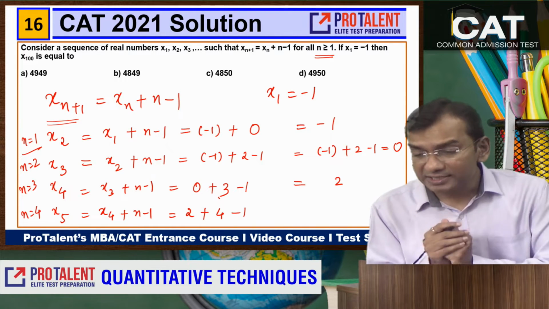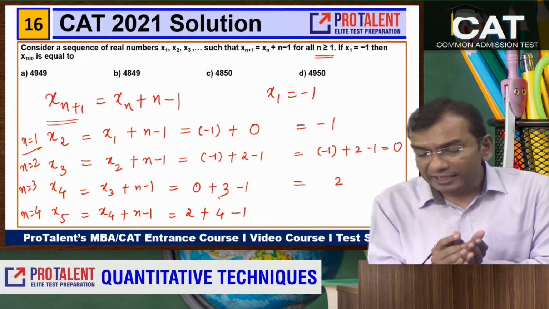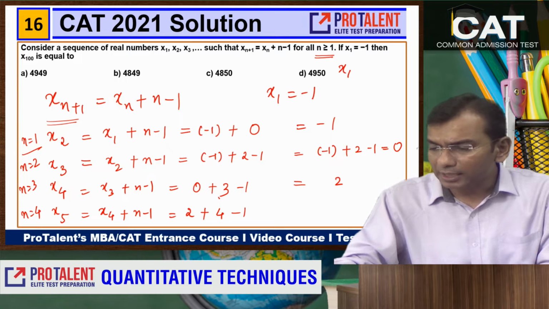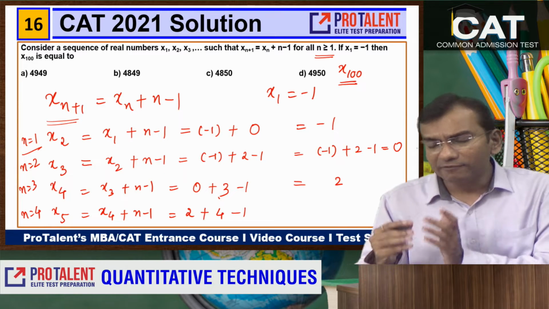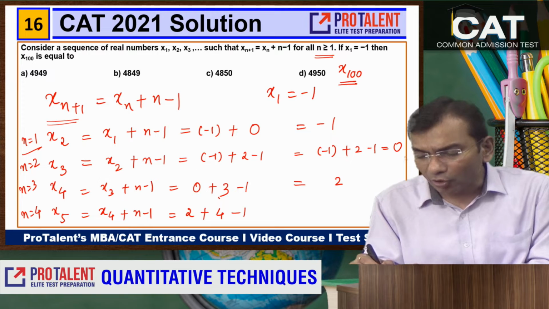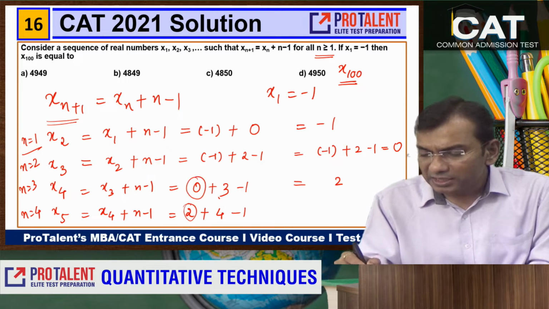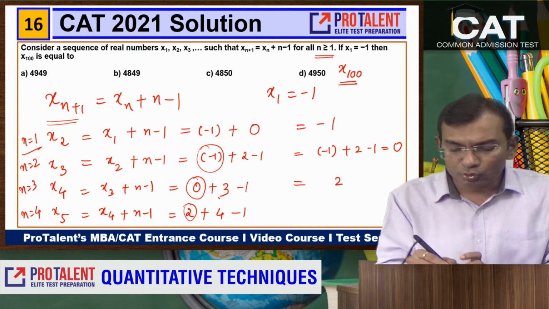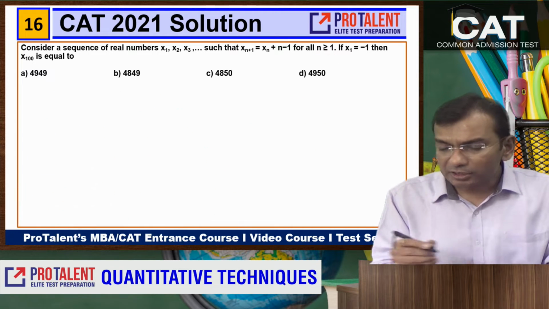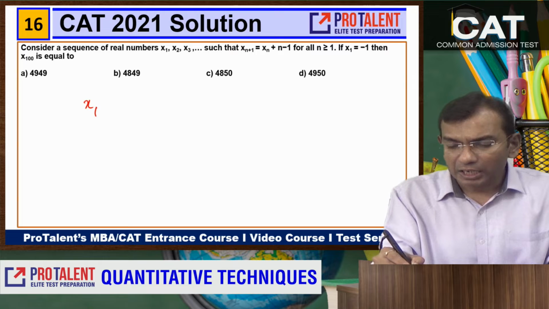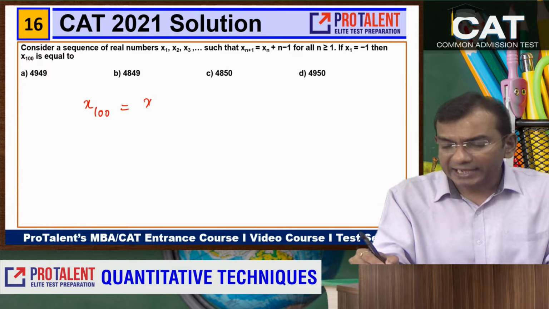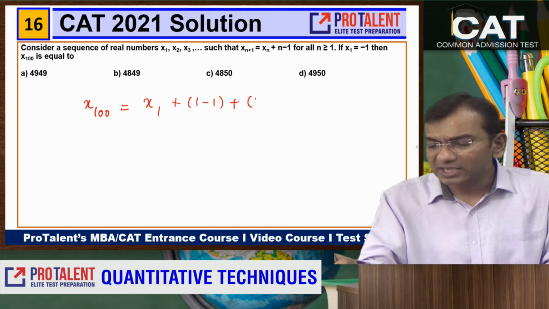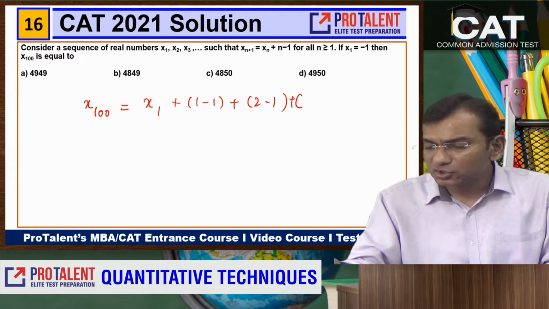Now if you see this, if I want to find out x100, x100 will be dependent on the value of this, ये सबके ऊपर डिपेंड हो रहा है. ठीक है. And every time, x100 will be x1 plus 1 minus 1 plus 2 minus 1 plus 3 minus 1 and so on.